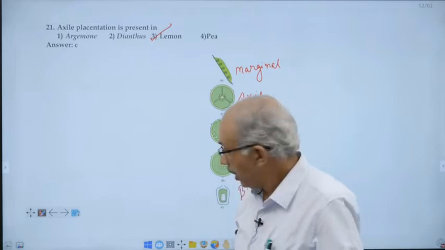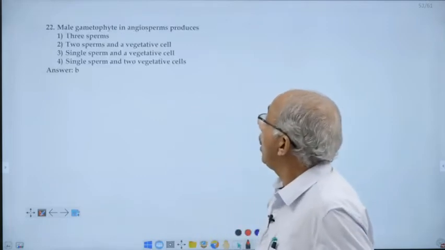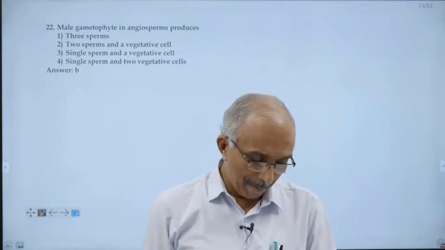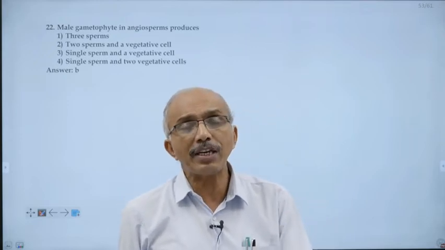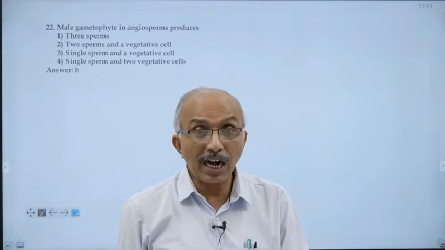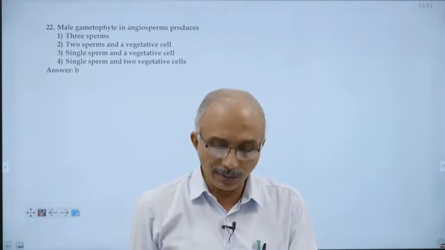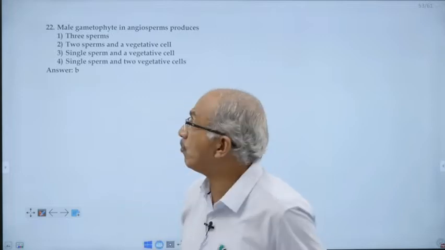Next. Male gametophyte in angiosperm consists of 3 cells, 2 sperms and 1 vegetative cell.